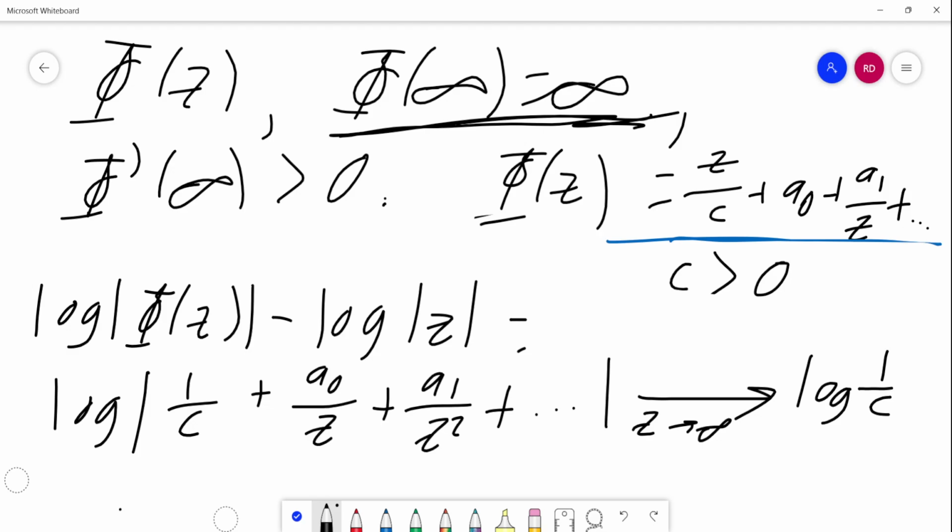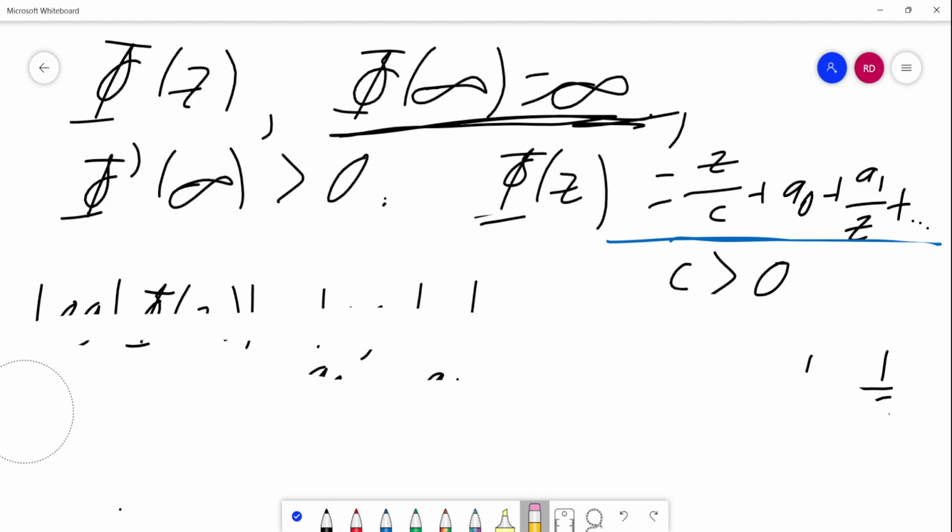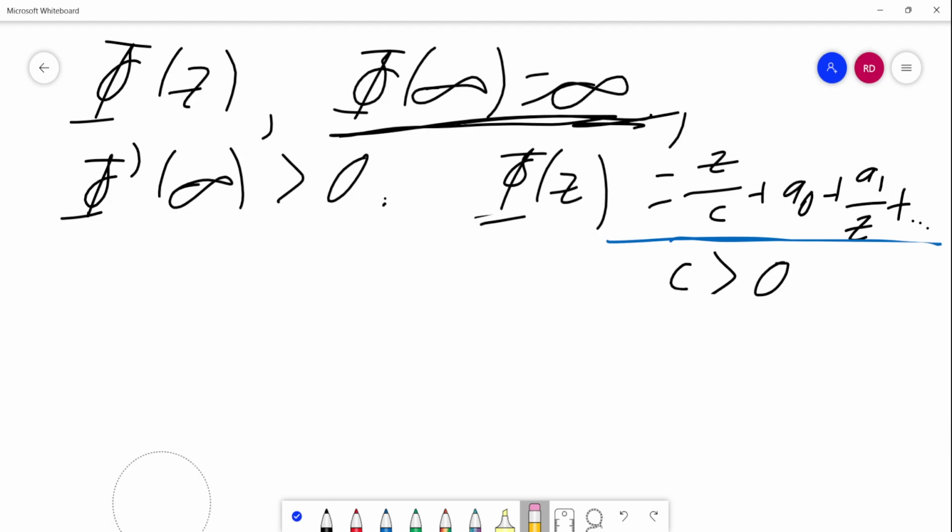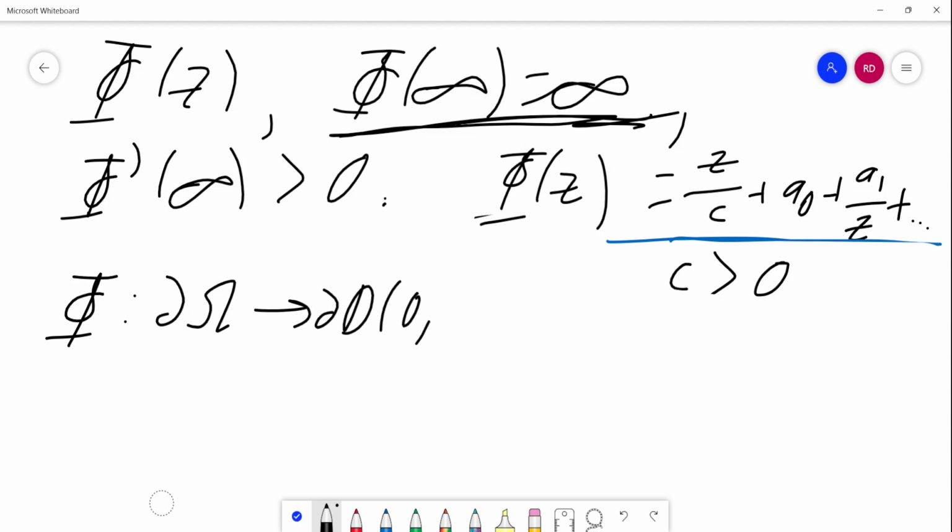As for the third, what happens at the boundary of omega? Well, if we remember, the way this worked was that phi mapped the boundary of omega onto the boundary of the disk of 0, 1.